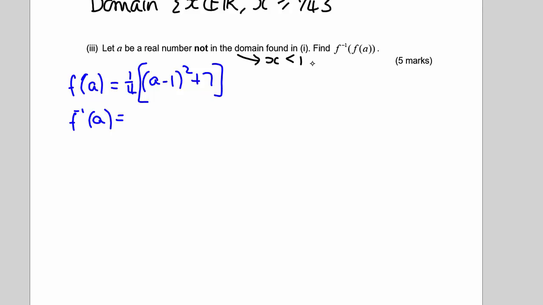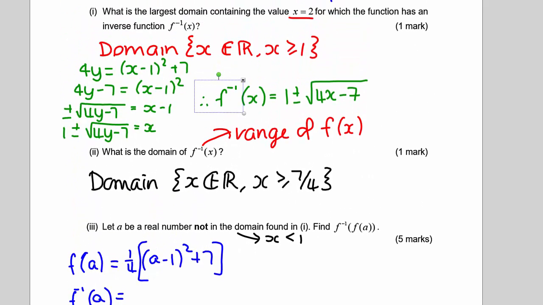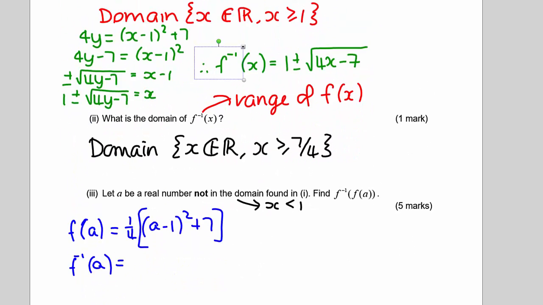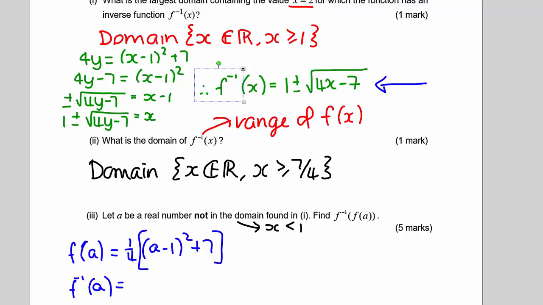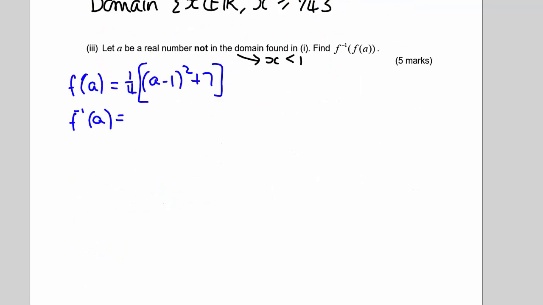because we're dealing with x is less than 1, or in this case now, our inverse has to be negative. So what I'm actually going to do is take this answer, the 1/4, and put it into here. That's where I'm going to sub it. Okay, so it's going to get a bit nasty.